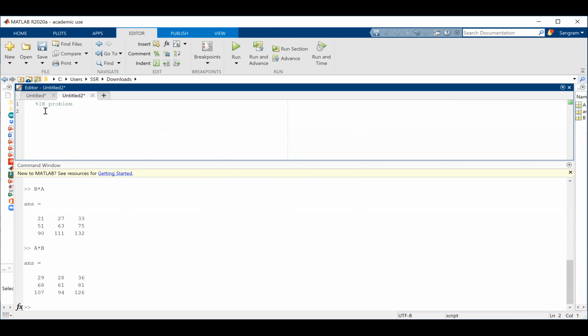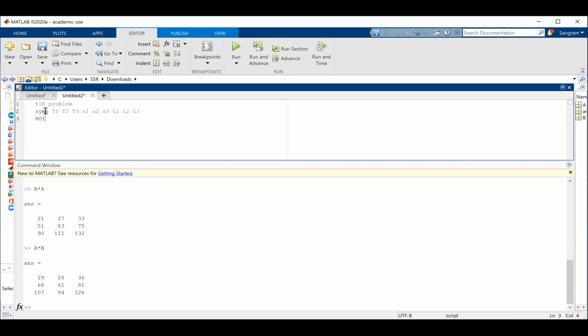My symbolic variables will be, SYMS, T1, this is theta 1, T2, this is theta 2, T3, this is theta 3, A1, A2, A3. Then I will have L1, L2, L3. So these are my symbolic variables.